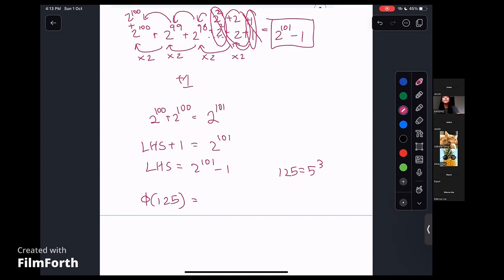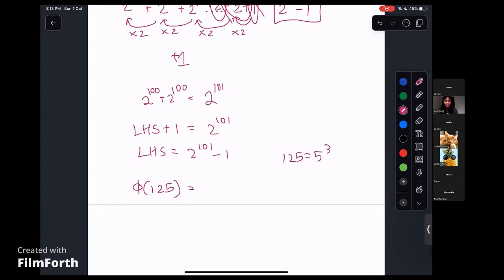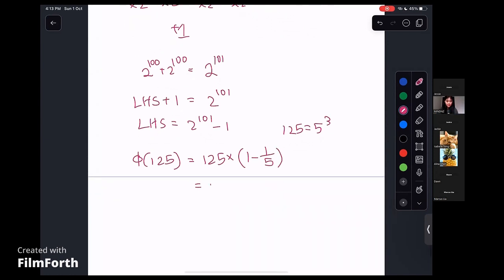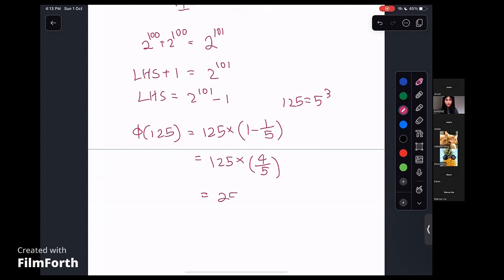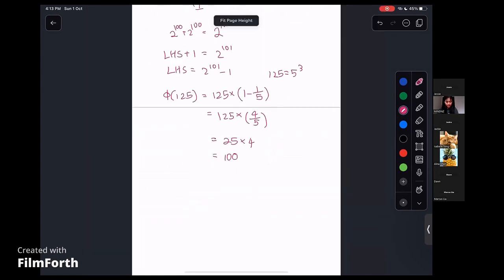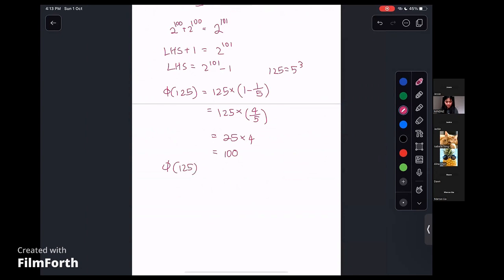Any ideas? How would we get it? We could do this, and then do this. If we substitute it into our equation, we get this. So indeed it is 100. We know phi of 125 should be equal to 100.